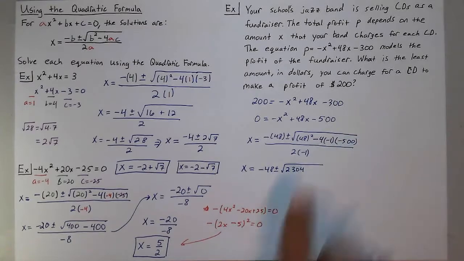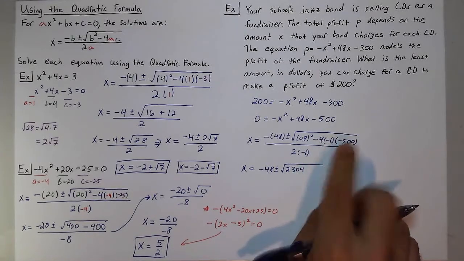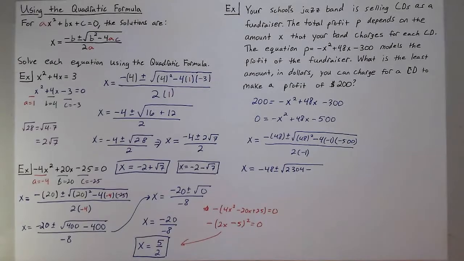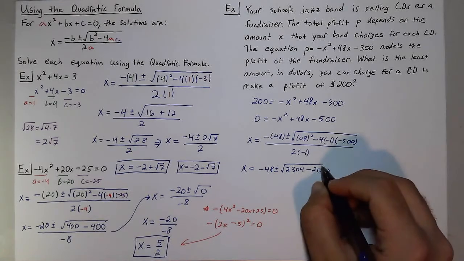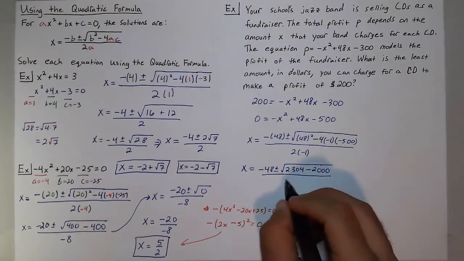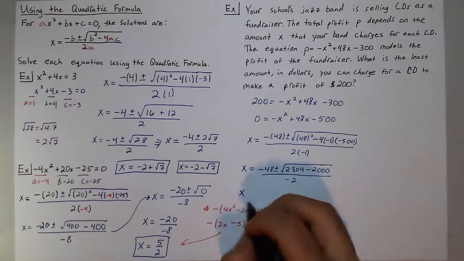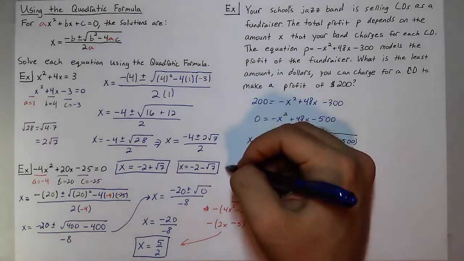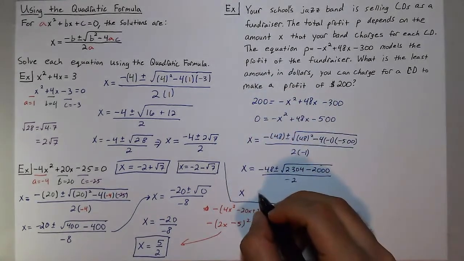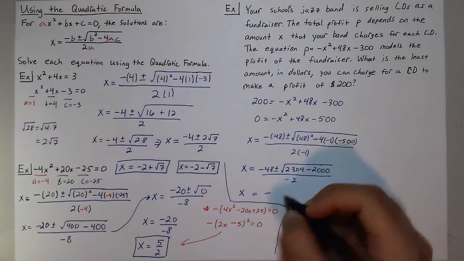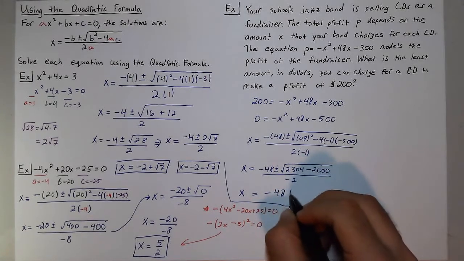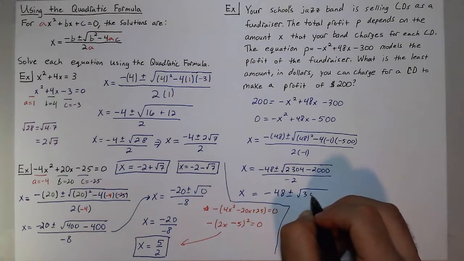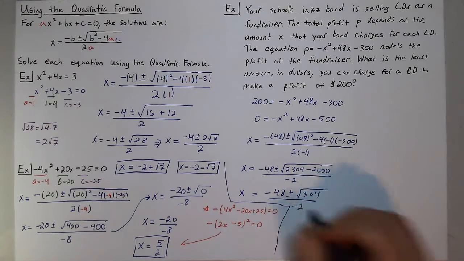Then I have negative 4 times negative 1 times negative 500, which is going to be a negative number, which would be 2,000, all over negative 2. So my equation here would be negative 48 plus or minus the square root of 304 all over negative 2.